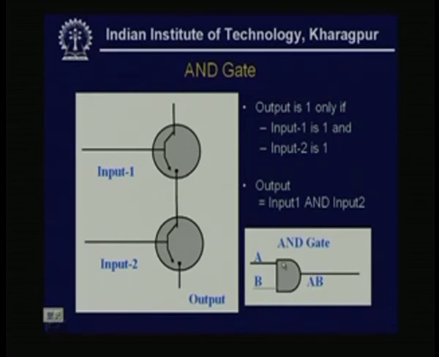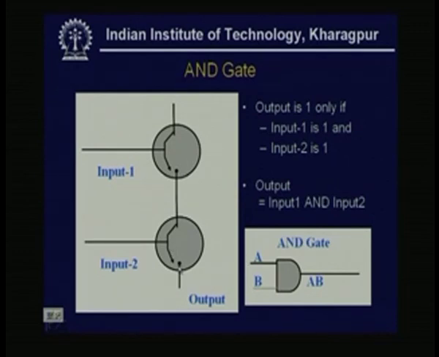This is normally called the AND gate. If it is a 2 input gate and both the inputs are 1, then both the switches are connected and the output is 1. Now, if any one of the switches is disconnected, then the output is 0.